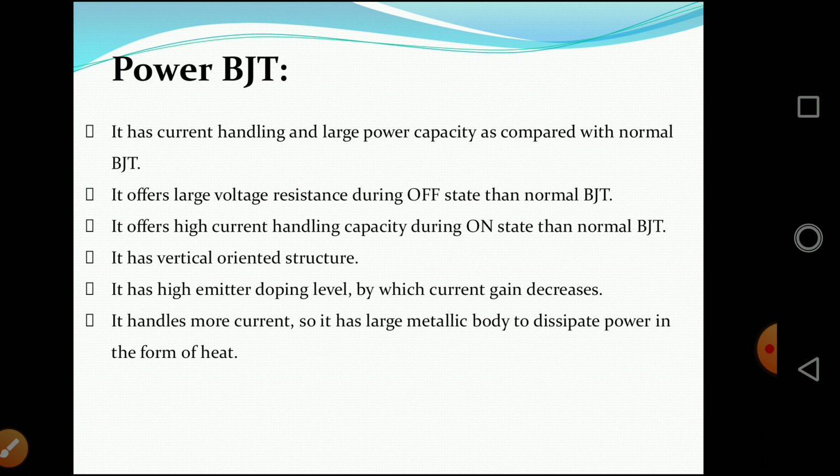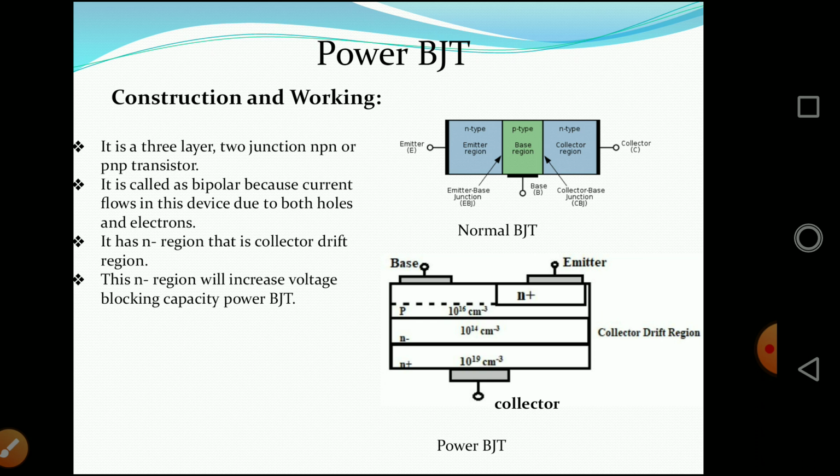The BJTs are meant only for large power, which means they can handle large current. When current is more, heat generation is also more, and that heat has to be dissipated into the atmosphere. So whenever power BJTs are constructed, they have a large metallic body to dissipate power in the form of heat.